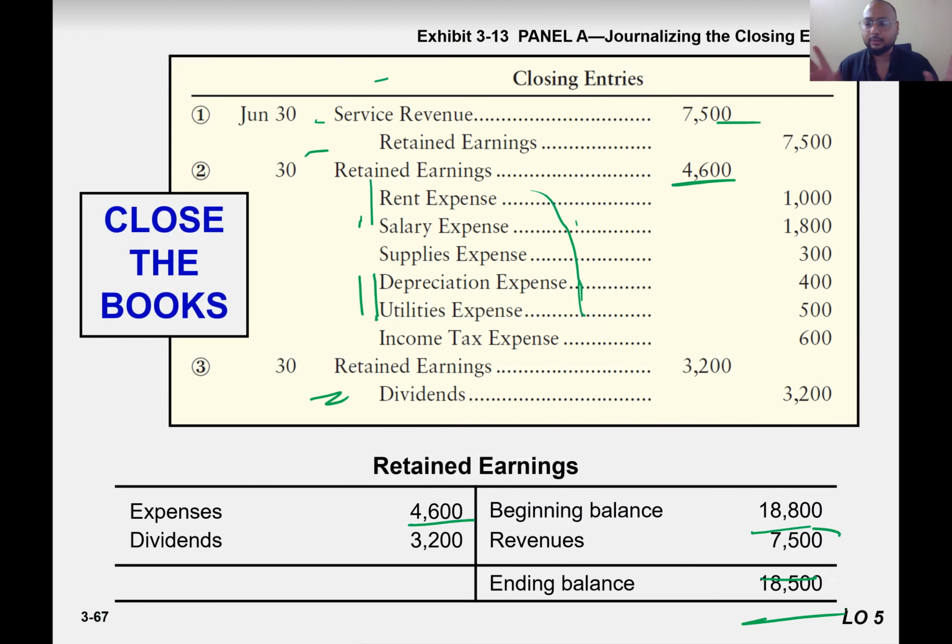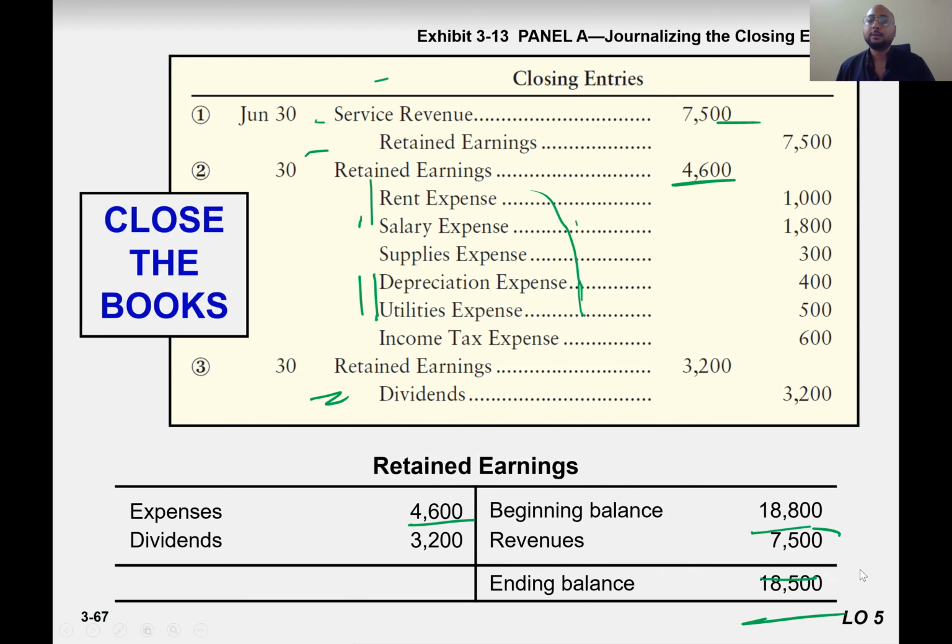If the company is operating with two different products, rental services and physical products, sales plus all the service revenue as well, we will close it down. All the revenue we close to retained earning. All the expenses we close to retained earning, and all the dividends we close to retained earnings.